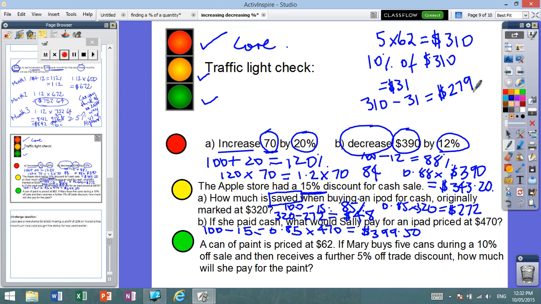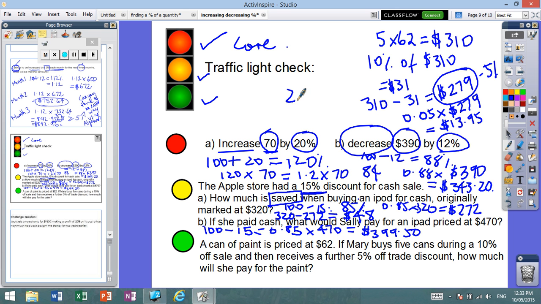But she also gets a 5% trade discount as well. So we have to use this amount to find out and take away 5% of that. Now 5% as a decimal is 0.05, and we're timesing by our amount there, 279. So that ends up being $13.95, and we have to take that away from our $279.